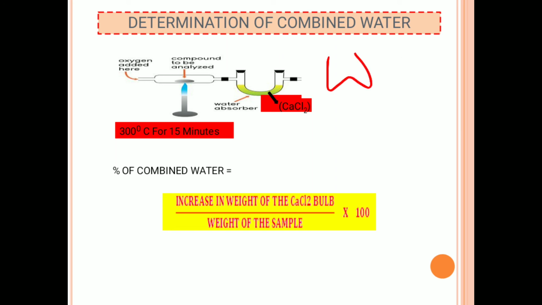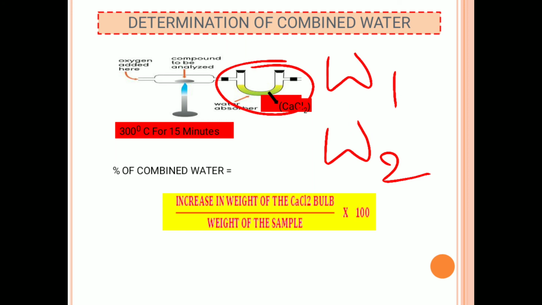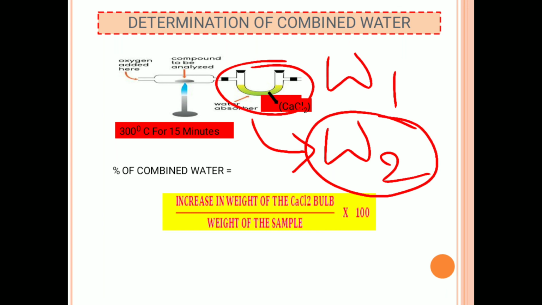Let W1 be the initial weight of the CaCl2 bulb before the experiment, and W2 be the final weight of the CaCl2 bulb after the completion of the experiment. As CaCl2 absorbs the water molecules, the weight of the final CaCl2 bulb, that is W2, is greater than W1.